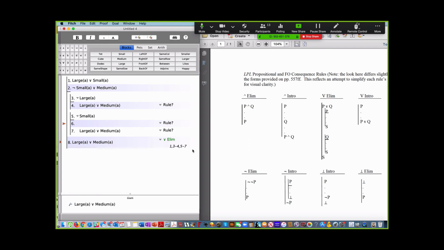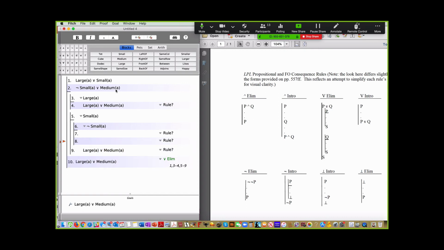Another way to think about what you've asked, Ivan, is this. You've been given line 2, you got to use it, right? So use it here. Why? Because there's no way to get from line 5 to line 7 without making some further moves. So we assume the left side of the disjunction at line 2.